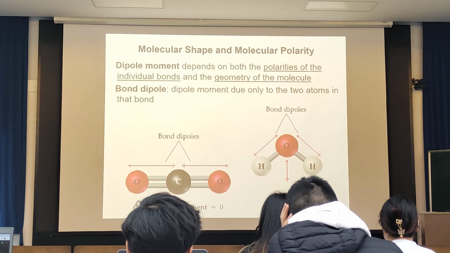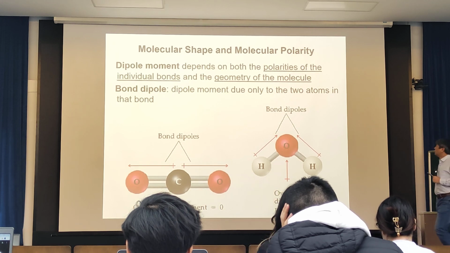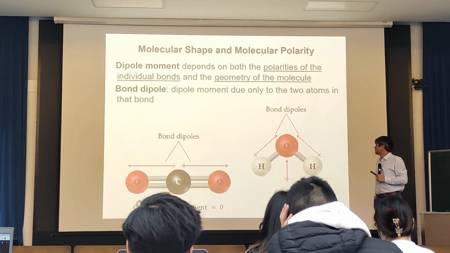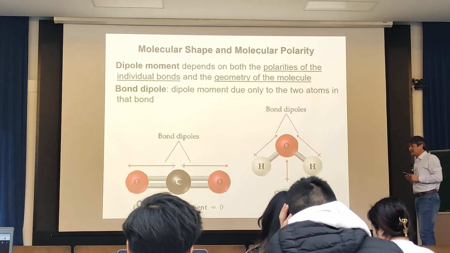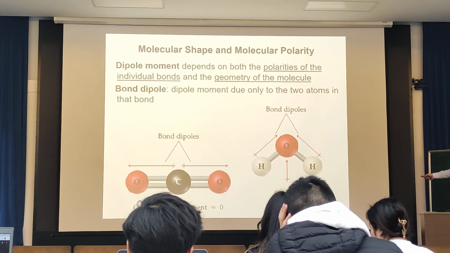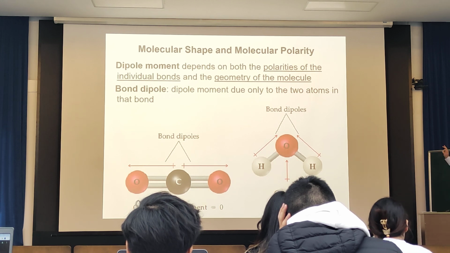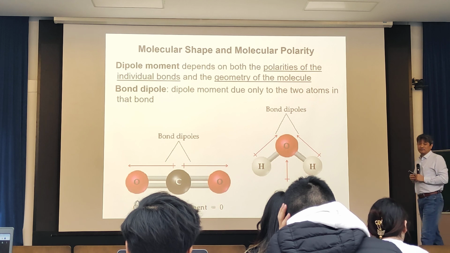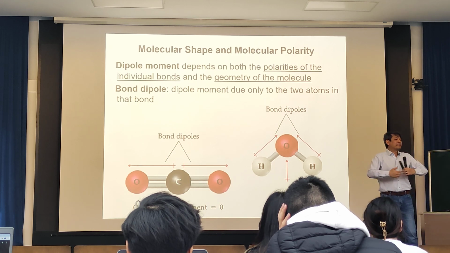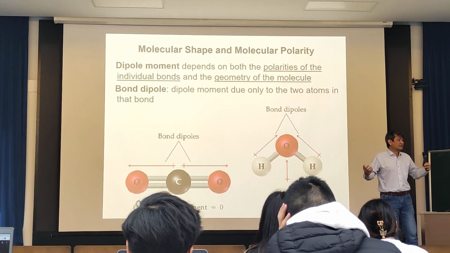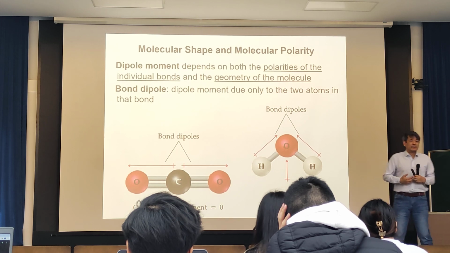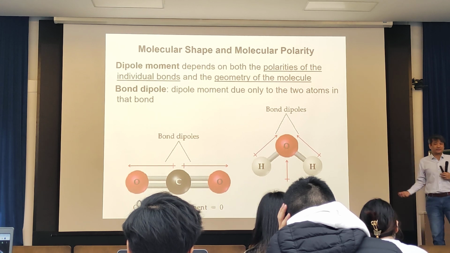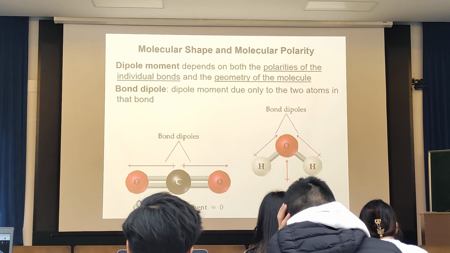Now we move to the next part, molecular shape and molecular polarity. In the previous lecture, we already talked about the bond dipole, right? That the dipole moment is only for the 2 atoms in that bond. That means because of the different electronegativity between the 2 atoms in the bond, right? If you have 2 atoms with different electronegativity, you have a polarity of this bond.